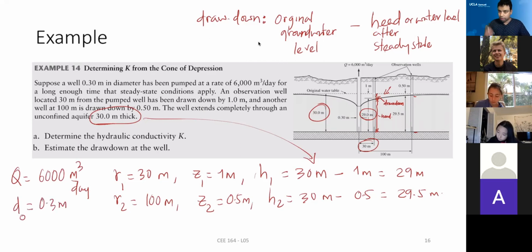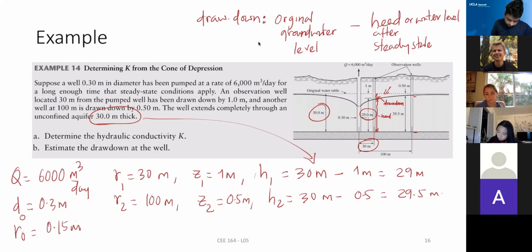That means if you take the radius of that extraction well, R0, this will be 0.3 divided by 2, so 0.15 meter. So now you have three different R. You have one Q value. All I ask is what's the K?